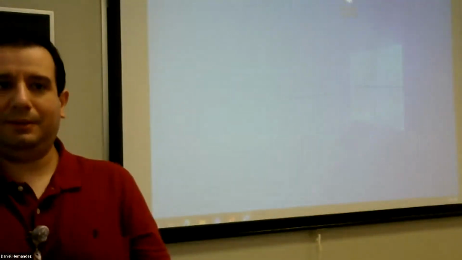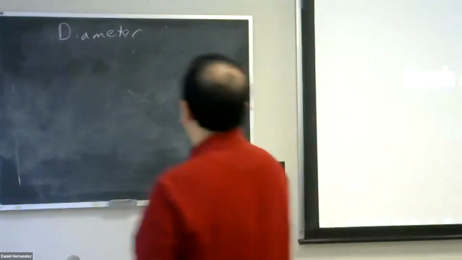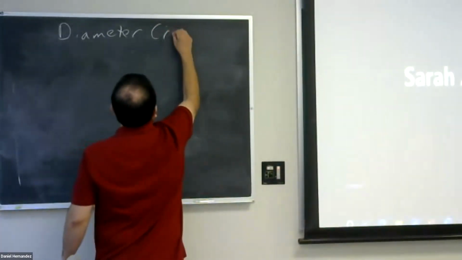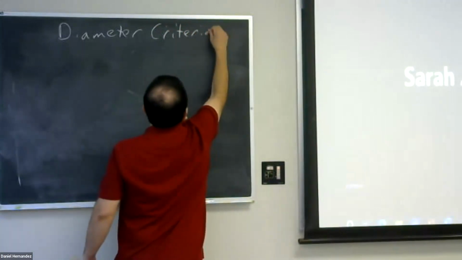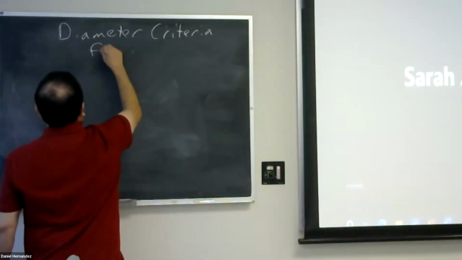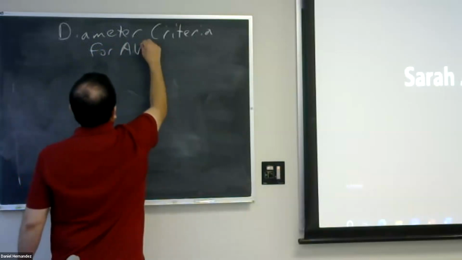So these are the diameter criteria for vascular access.